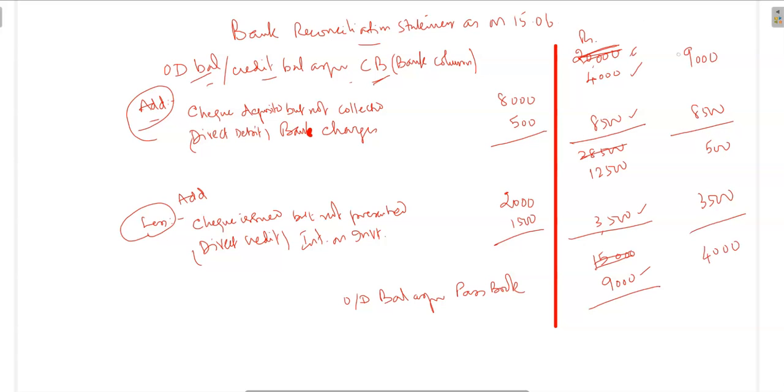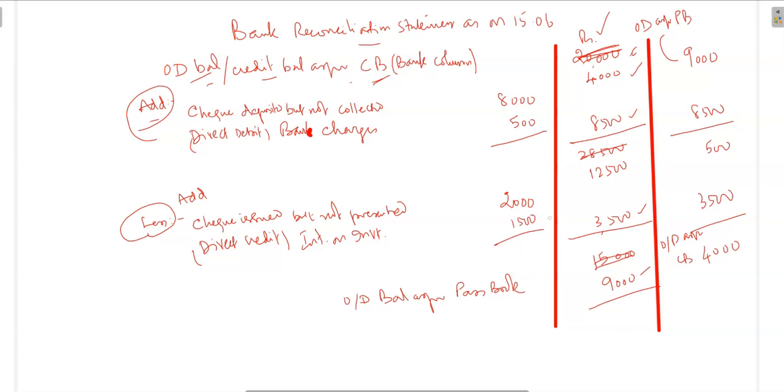So this is OD as per passbook, and this is OD as per cash book. So in a question, if you are asked to prepare bank reconciliation statement taking OD balance as per cash book, you have to give the answer like this.